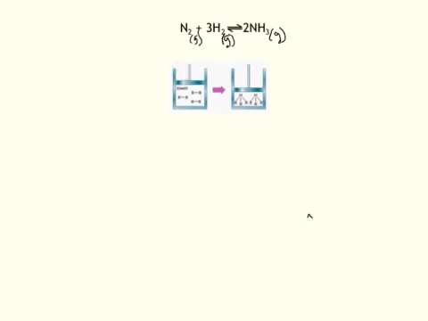And when we decrease the volume, what ends up happening is we increase the pressure on the gases. Now, an increase in pressure on a system of equilibrium amongst gases is going to cause a shift to relieve that increase in pressure.